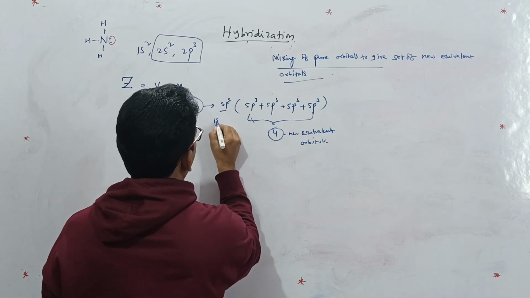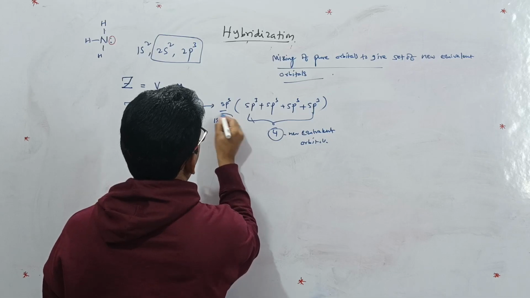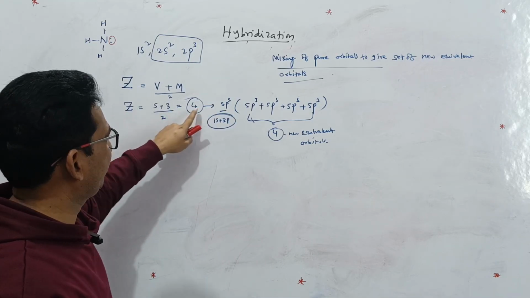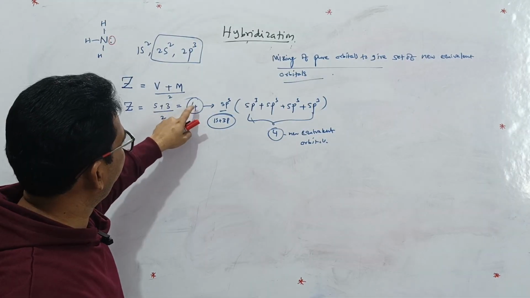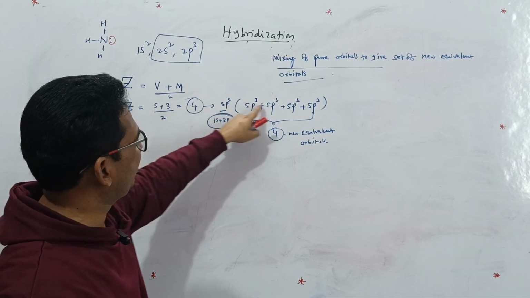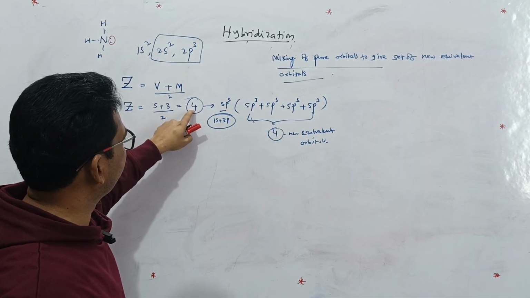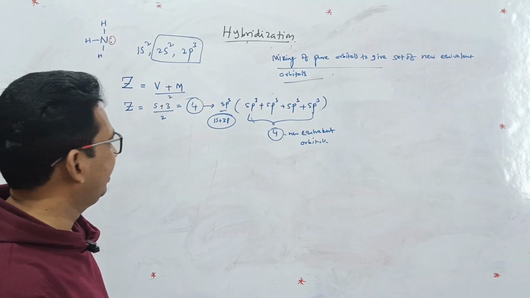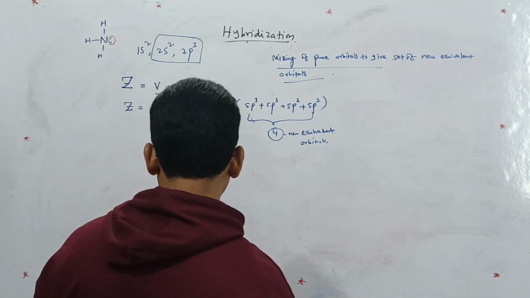Mixing of 1s and 3p produces sp3 hybridization, and that is why it gives 4 sets of new equivalent orbitals. It is possible only in sp3. I hope you have understood this.